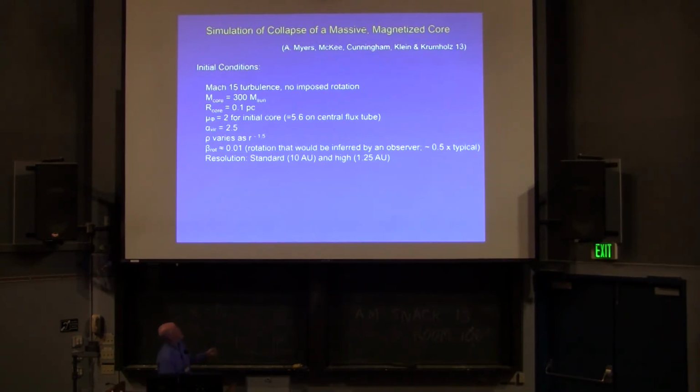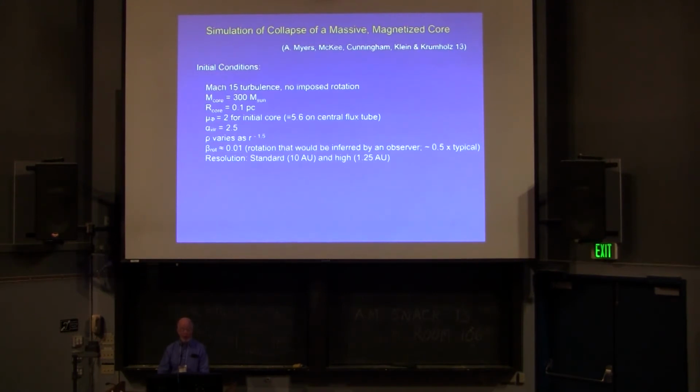So our initial conditions are summarized here, and the key thing for this disk problem to note is that the mass to flux ratio was 2 for the core, but it wasn't completely uniform, so actually on the central flux tube it was bigger than 1. And it was slowly rotating, so we didn't have extra rotation as some of the other ones had.